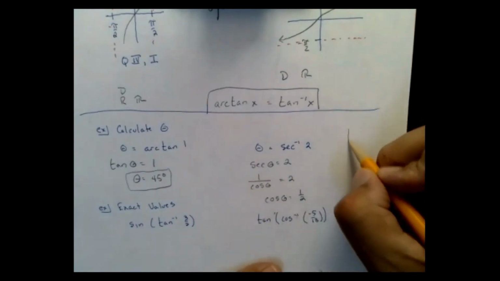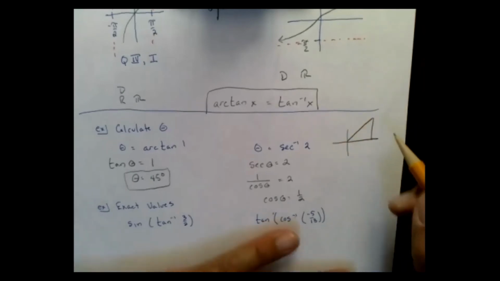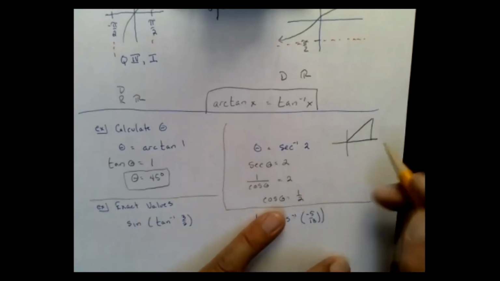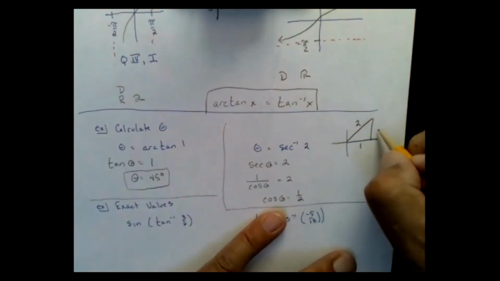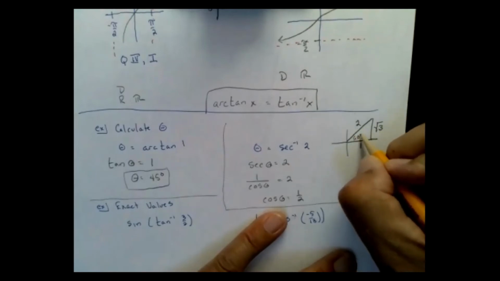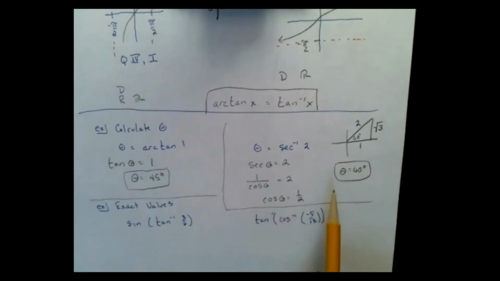This is positive, so I know it's in quadrant 1. The cosine is adjacent over hypotenuse. What's that make this side? Square root of 3. That's my 60. Theta equals 60 degrees. So you notice now I'm getting angle measures for answers when I use the inverse. Theta equals the angle measure of the inverse secant of the value 2.